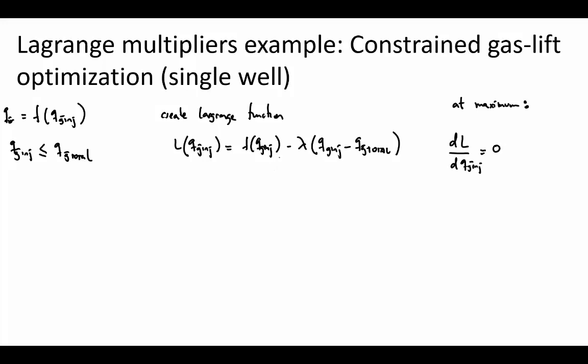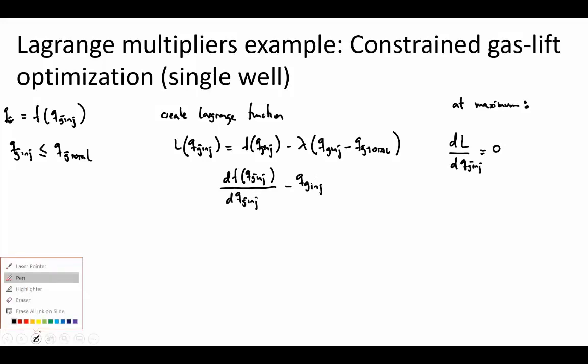Now we apply the derivative, so we get the derivative of f, and when I derive this guy, what I have left is lambda, equal to 0.